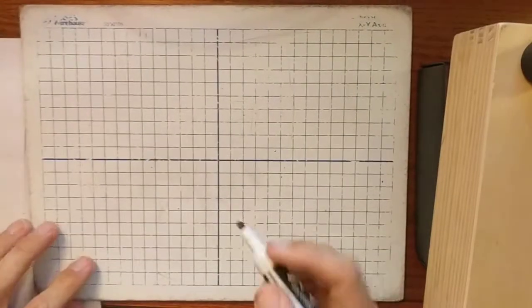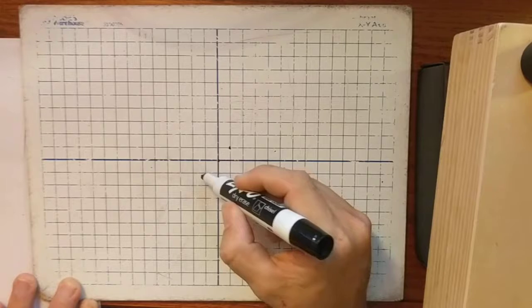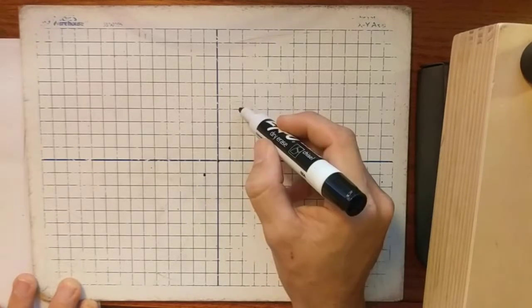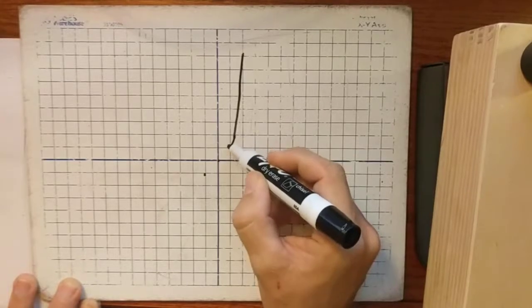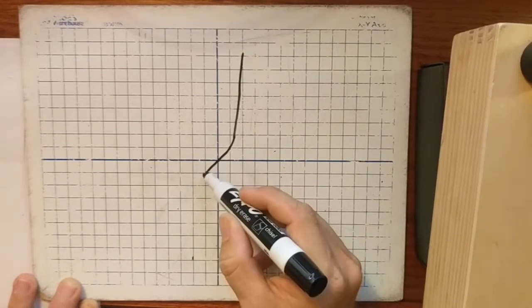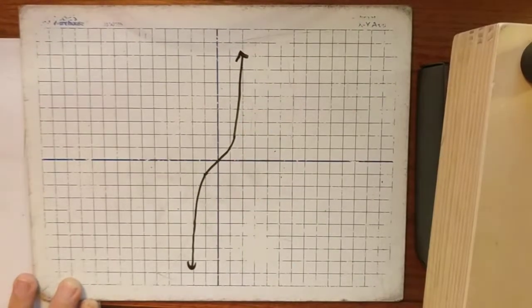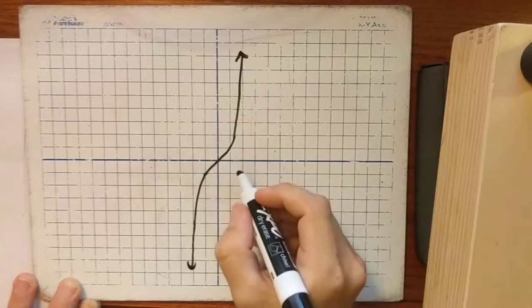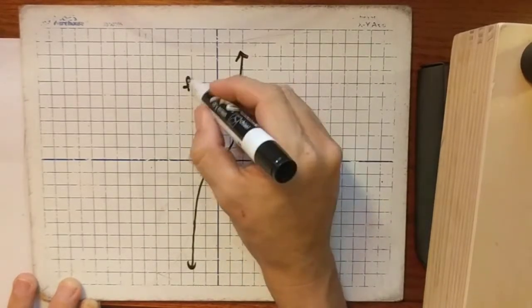So let me just flip this over. If we graphed y equals x cubed, let me put some points on here for y equals x cubed. So something that looks like this. And you see, like, negative 2, negative 8 is on this graph. So something that looks like this, right? So here's x, and here's f of x.